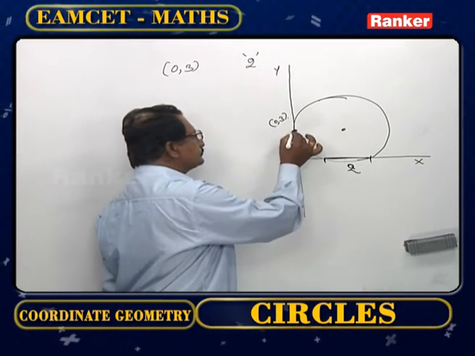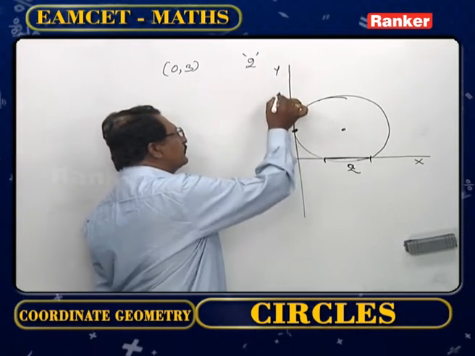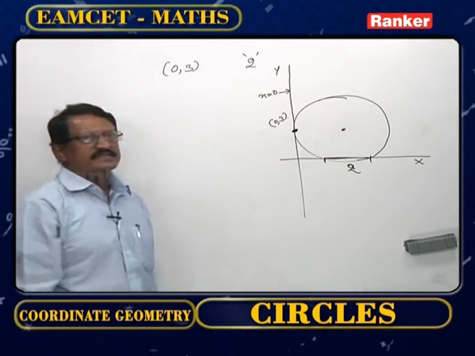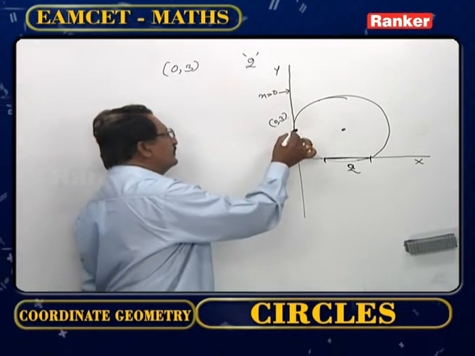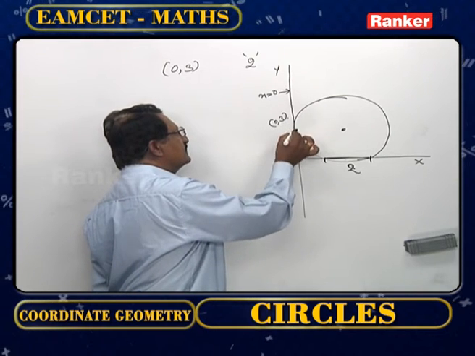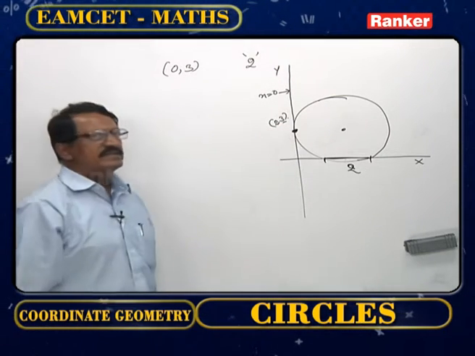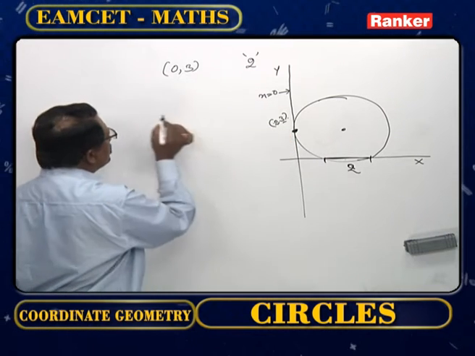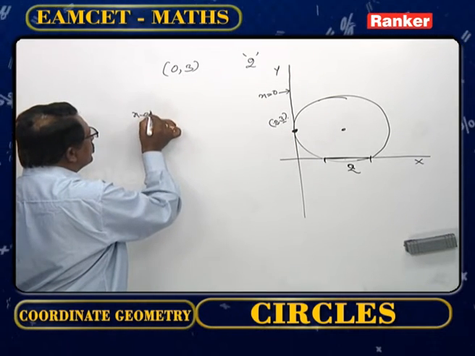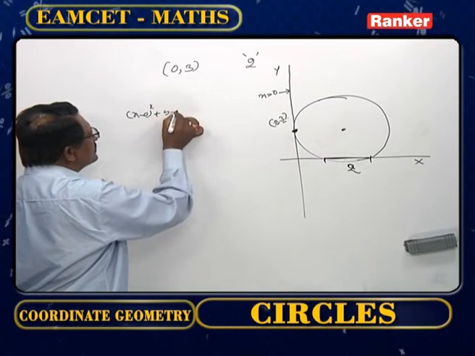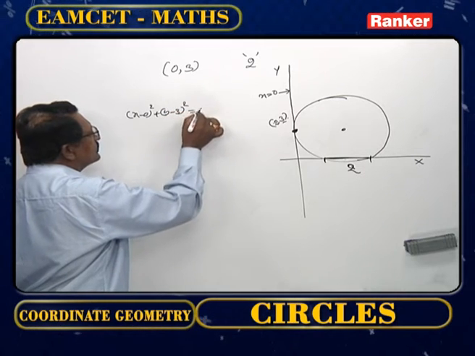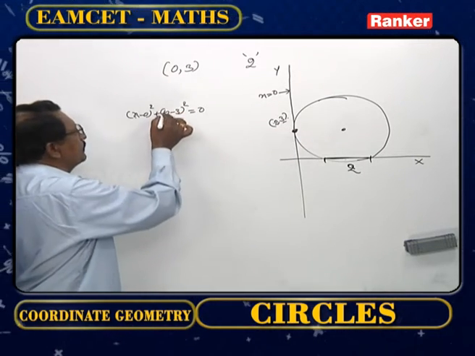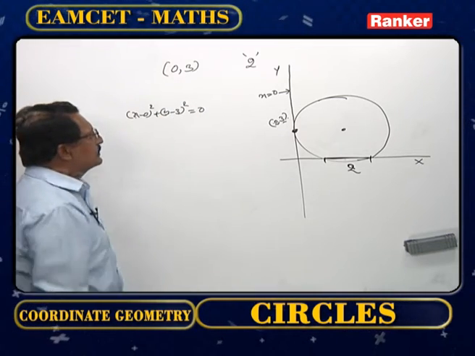First, the equation of the y axis is x equals 0. Consider the point circle, meaning center (0, 3) and radius 0. The equation of the point circle is (x minus 0) whole square plus (y minus 3) whole square equals 0.